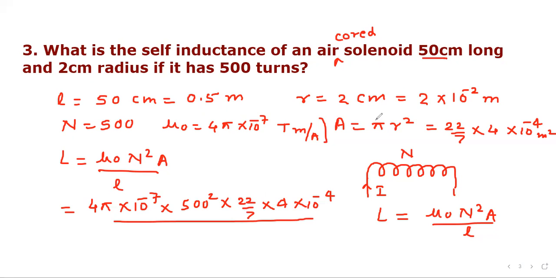Here length is given 50 centimeter. It means 0.5. Now we can evaluate it. So it will come out to be 7.89 into 10 to the power minus 4 Henry.